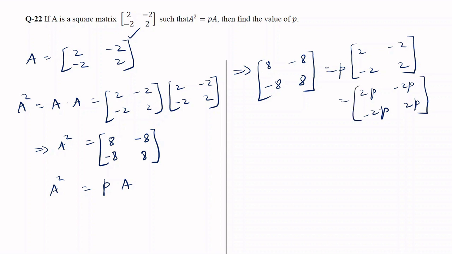So we can compare these two matrices. On comparing we get 2P is equal to 8, or P is equal to 4. So this is the value of P. The value of P is 4. Finding the value of matrix A square carries 1 mark. Then the remaining steps and finding the value of P carries 1 mark. A total of 2 marks for this question.